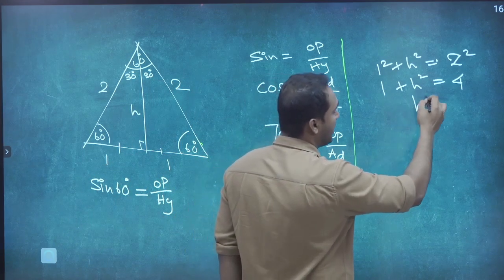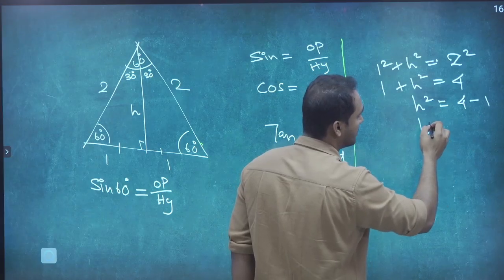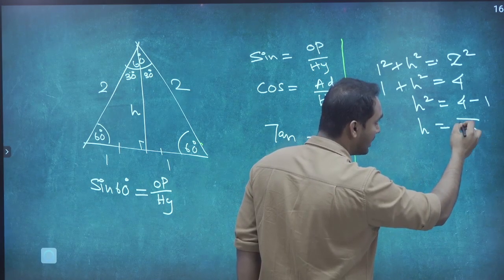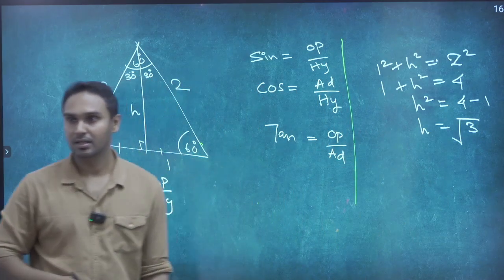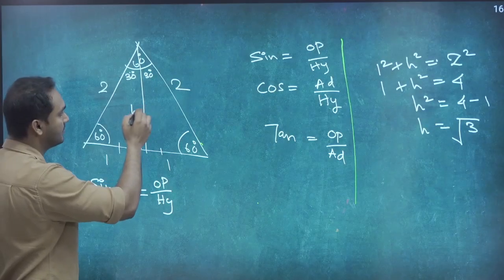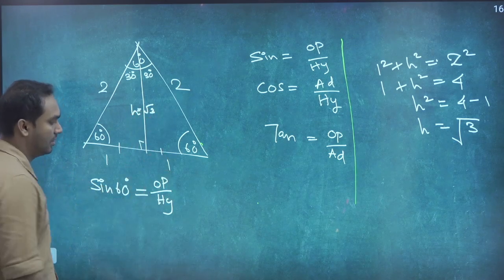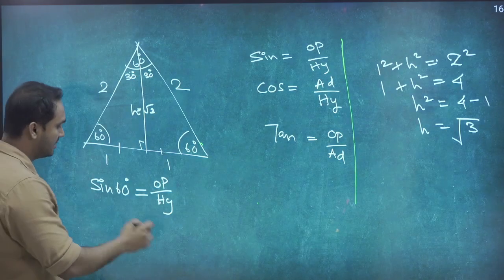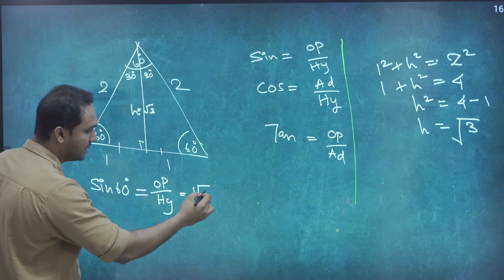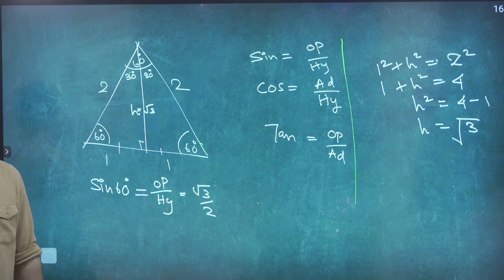Now h squared equals 4 minus 1, so h equals root 3. So here h is root 3. Now tell me, how much is sine 60? Root 3 over 2. This is the exact value.